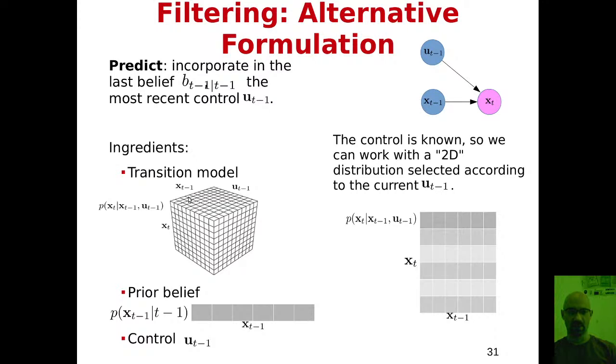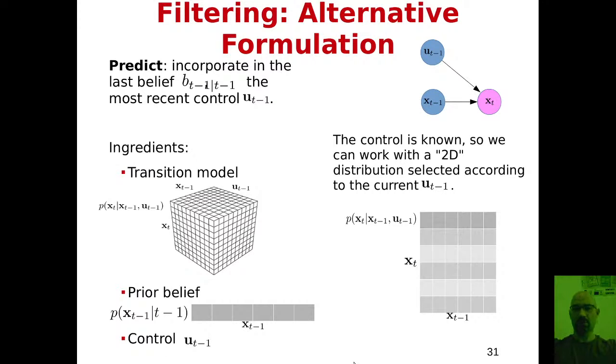Let's assume that this is my previous state and this is my previous control. Then the distribution over the possible states will be the vertical slice, which I index by knowing u and x. This is one of the ingredients. Then we have the prior belief that I will write here as p of x t minus 1 given whatever we know before.